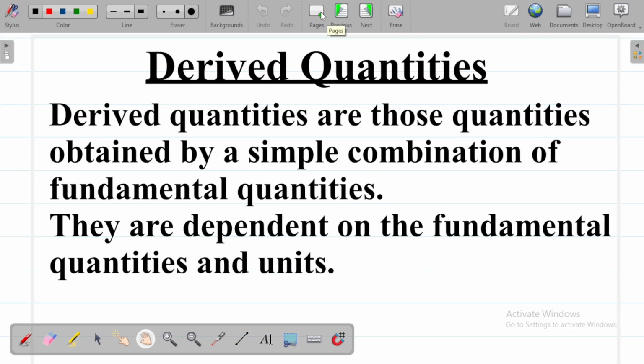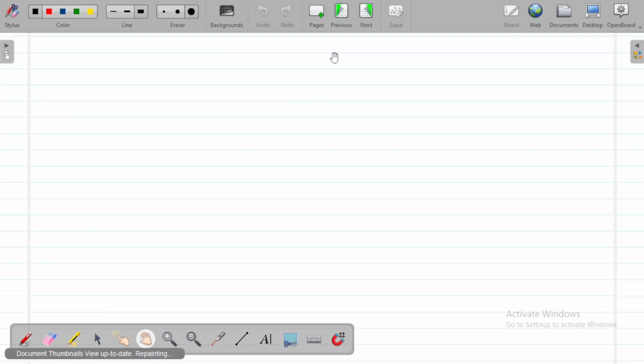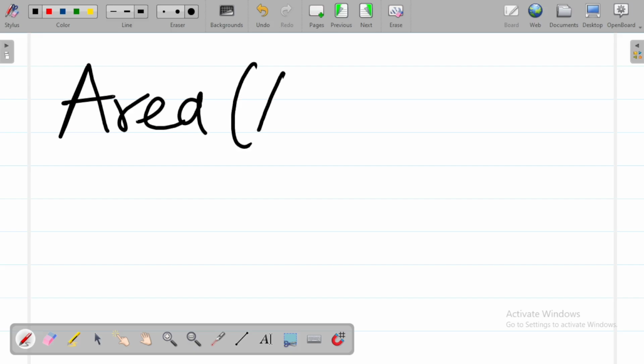Let's take a look at the types of derived quantities. The first type of derived quantity here is area. The abbreviation for area is capital letter A. And the formula for area is length multiplied by breadth.